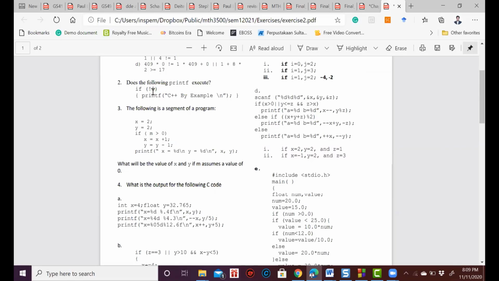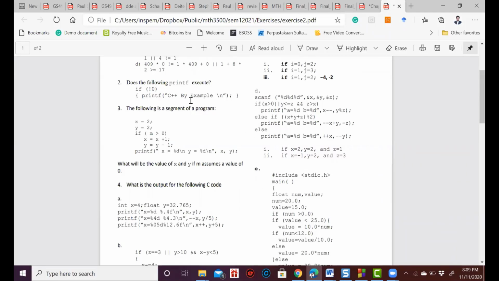Okay, Badrul said the statement will be printed. Any other answer? Do you agree with Badrul? The others? Yes. Yes. Okay, who can explain why?